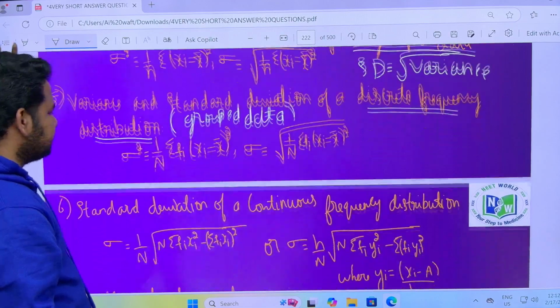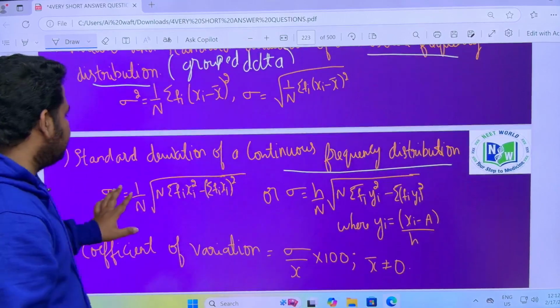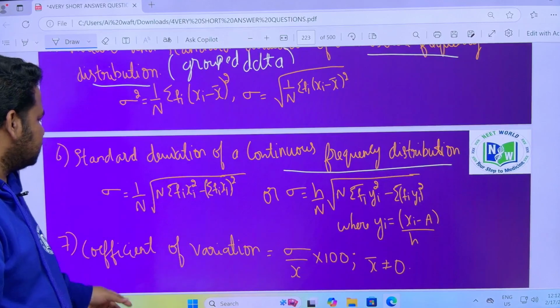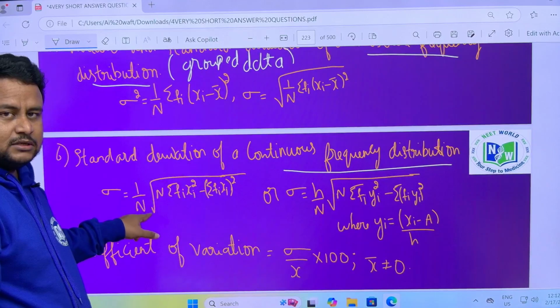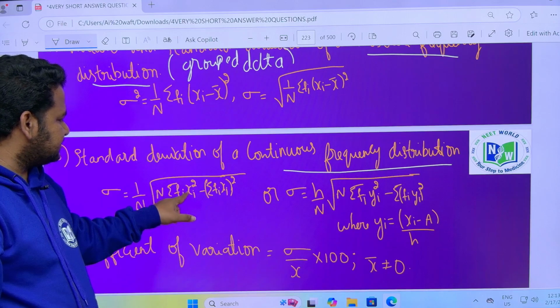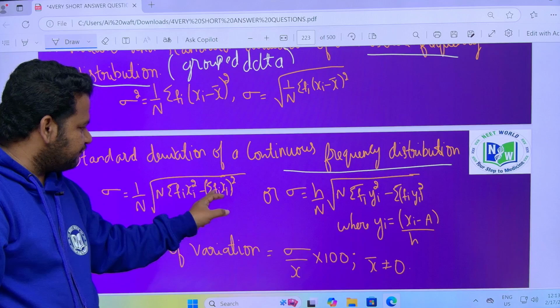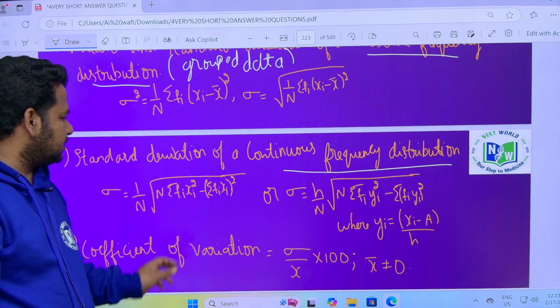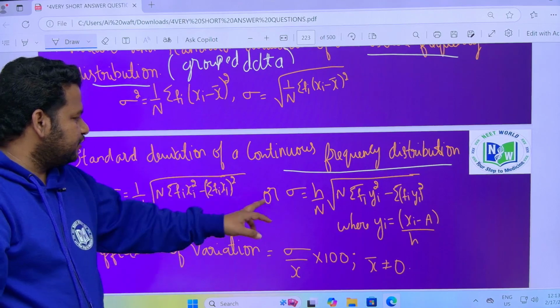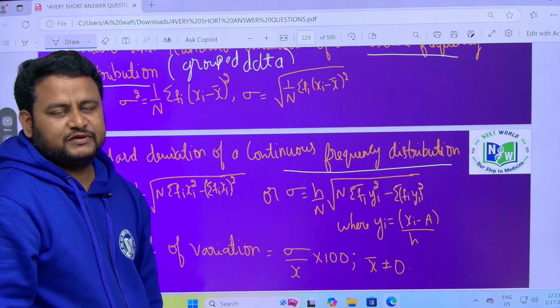So what about for continuous frequency distribution? For continuous frequency distribution, there are two formulas. You can use either of them depending on the question. 1 by n, square root of n into summation of fi xi whole square minus the bracket summation of fi xi square. Or when you find the step value, suppose 40 to 50 is one range.